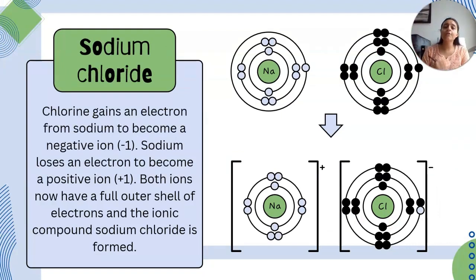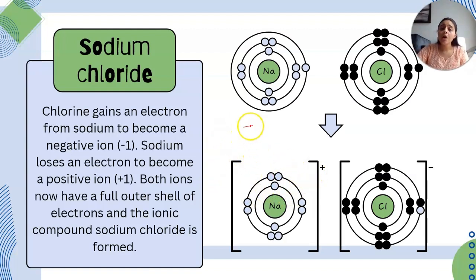We are going to practice certain molecular formulas when the metal reacts with the non-metal. So we have taken the example sodium chloride, NaCl, where Na is the metal and has a positive charge. How many positive charges will it have?